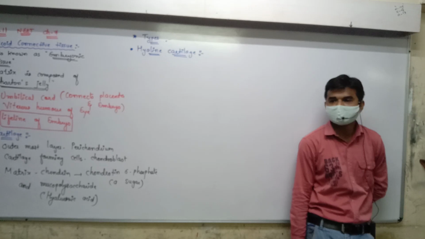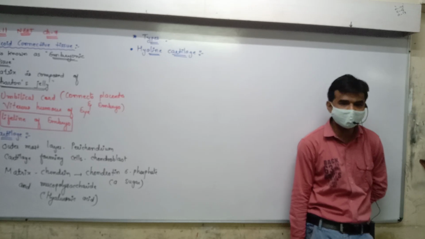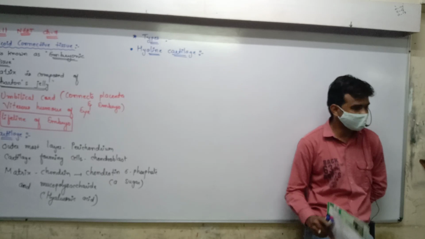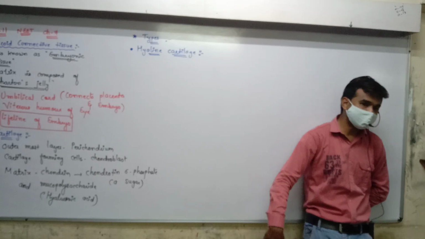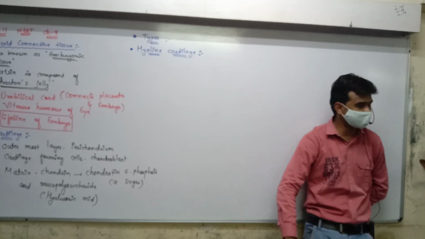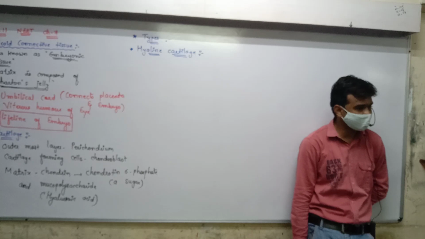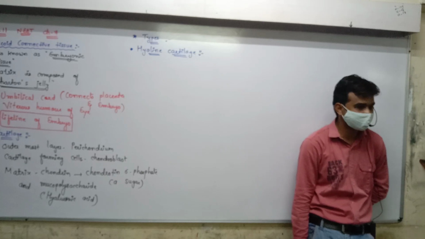After the lumbar region, the five sacral vertebrae are united together and form one sacrum, or one sacral bone. And anteriorly, both the hip bones are connected together by the pubic symphysis.